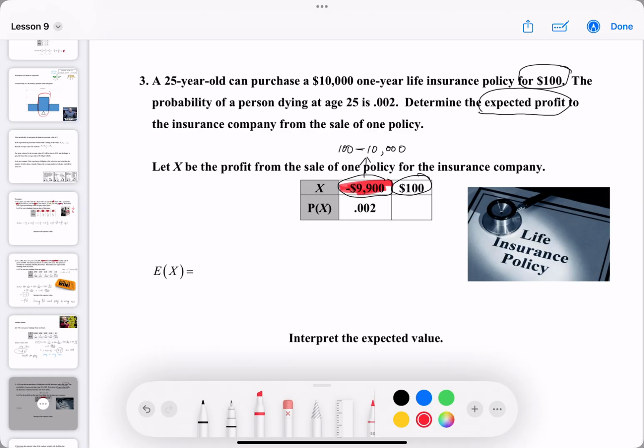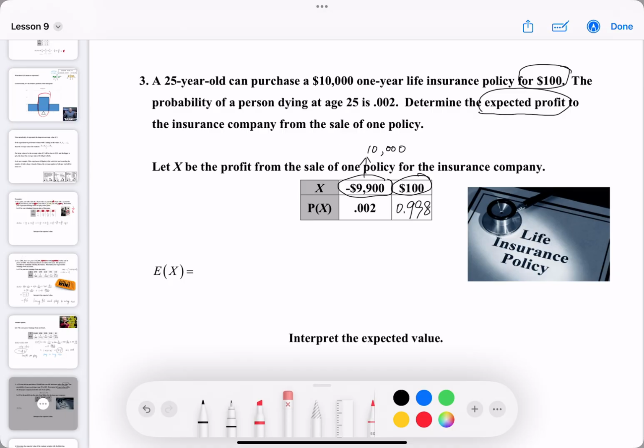The probability of a person dying at age 25 is 0.002. That's the probability of losing money. How about making money? The probability that the person will not die is 1 minus 0.002. Let's use our calculator to find the probability. It is 0.998.